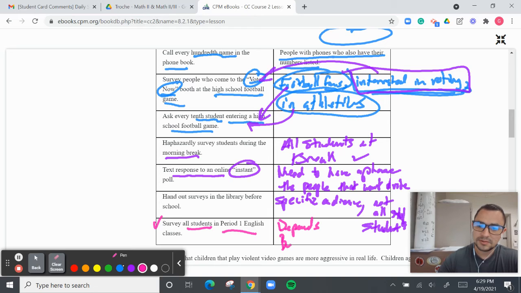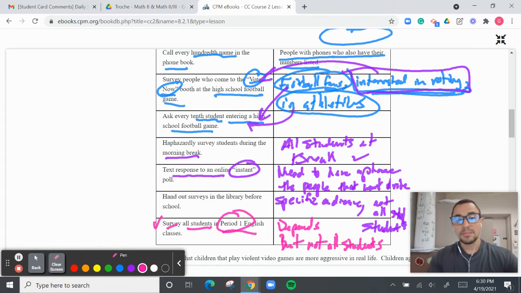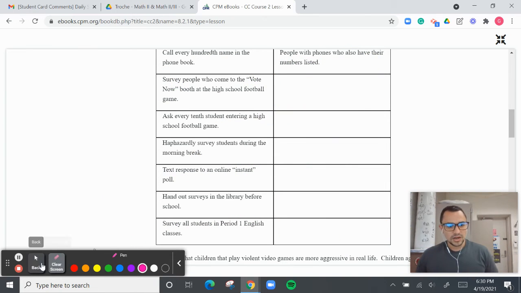But not all students for the most part, because maybe you have PE first period and then you never get the survey. But if it was all period 1, then everyone in period 1 in any class takes a survey, that's everybody. So it all depends. All right, let's continue going.